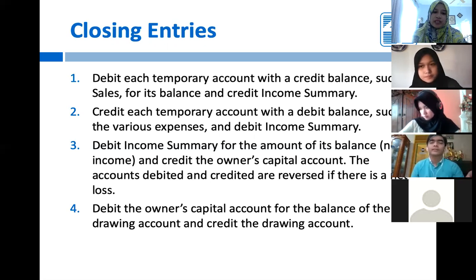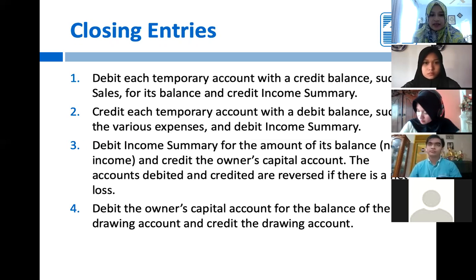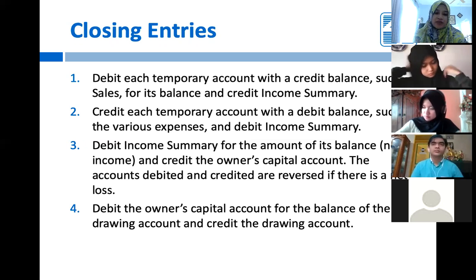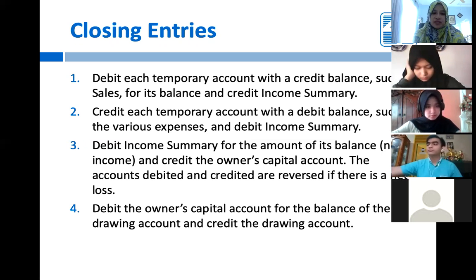Meanwhile, permanent accounts like assets, liabilities, and equities have a balance at the end of the period, and it will be carried forward to the next year. Basically, any accounts under the income statement are temporary accounts, but accounts in the statement of financial position are permanent accounts.